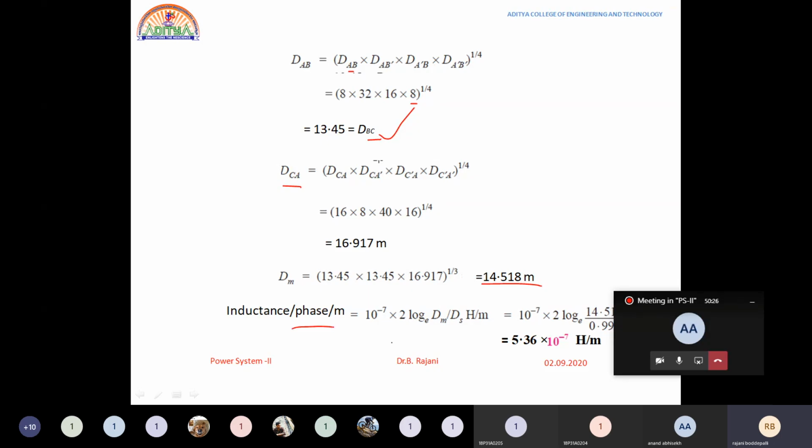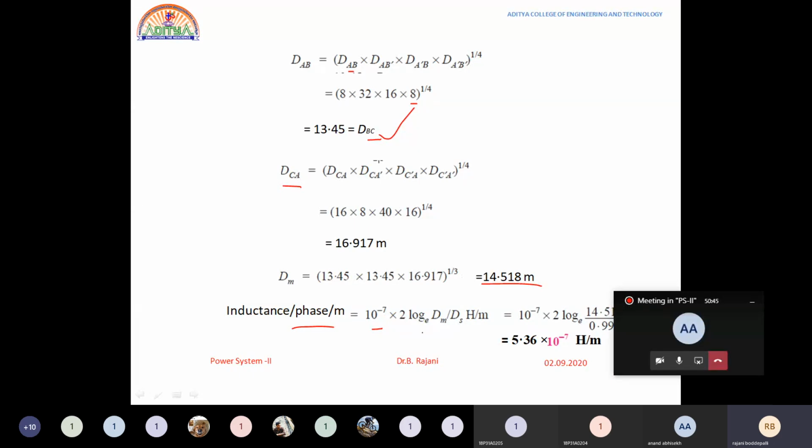Now, inductance per phase per meter. Here the units are very, very important. Inductance per phase per meter, if given, you will be getting 10 to the power of minus 7. In kilometers means multiply by 1000. After multiplying by 1000, it becomes 10 to the power of minus 4.